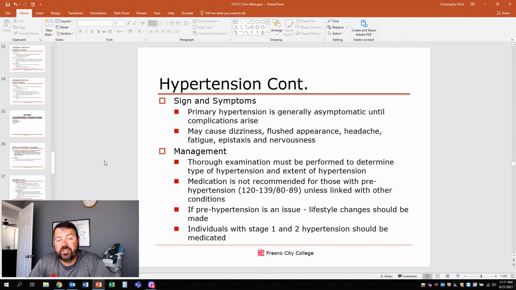If prehypertension is an issue, okay, lifestyle changes should be made. Individuals with stage 1 and stage 2 hypertension should be medicated. And like stage 1 is higher than 140, I think it's like 140 to 150. And stage 2 is above that. Okay. You can have lower blood pressure than 120 over 80. That's perfectly fine, normal.